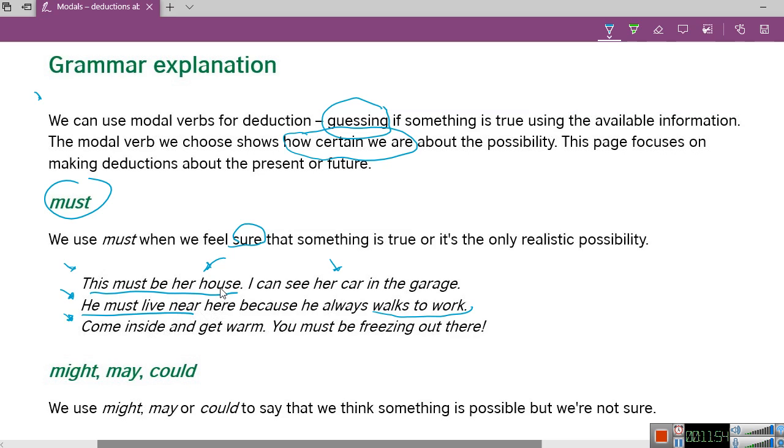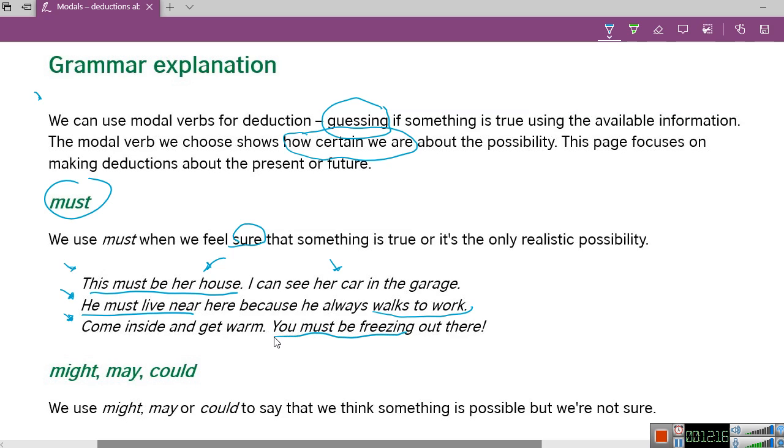Come inside and get warm. You must be freezing out there. Again, the observation that I make is that I'm warm inside my house. It's cold outside. So if it's someone outside, it's obvious that he's going to be freezing out there. And well, I use must again.